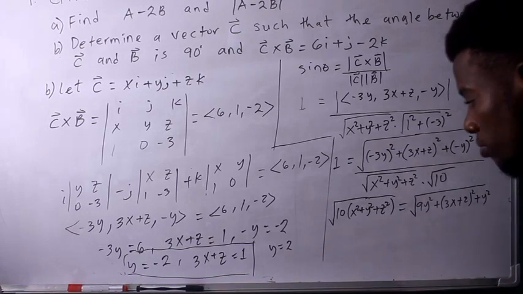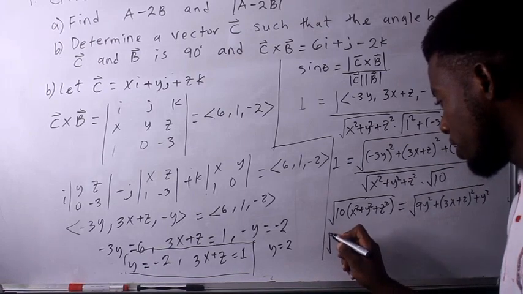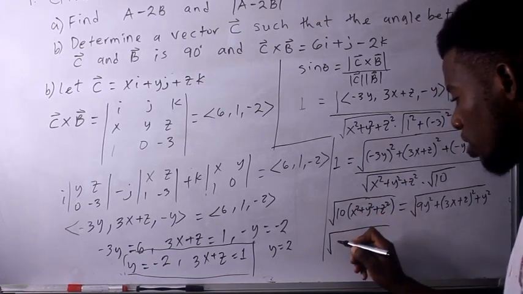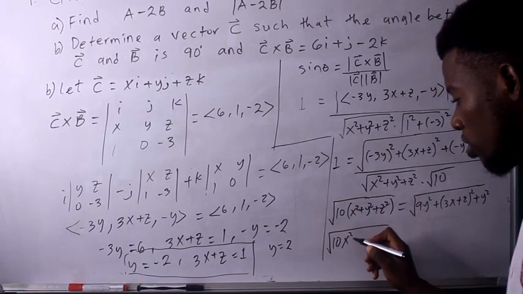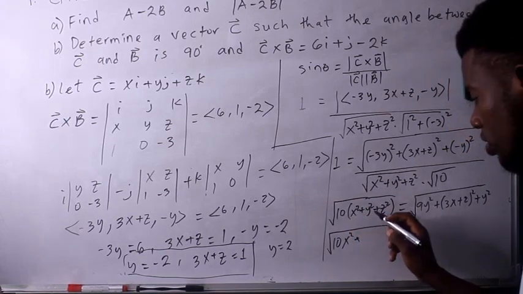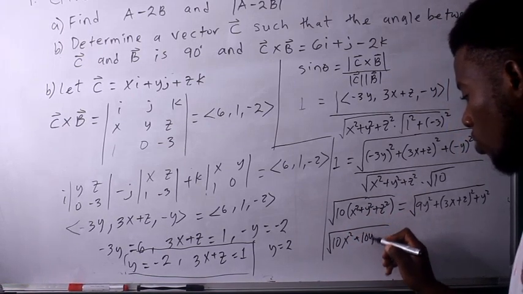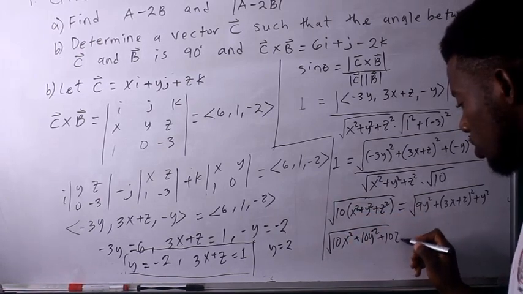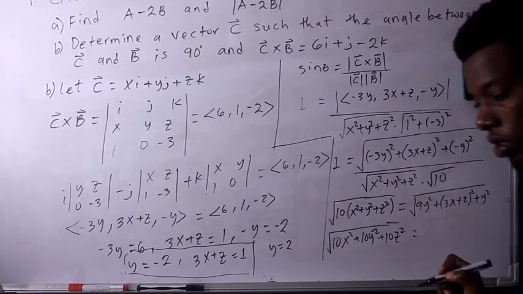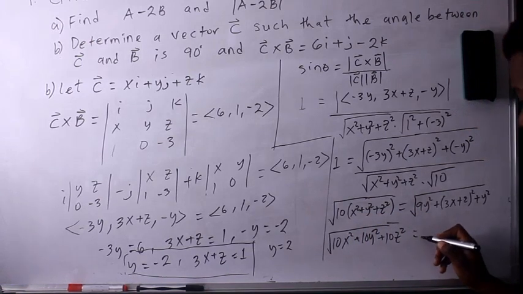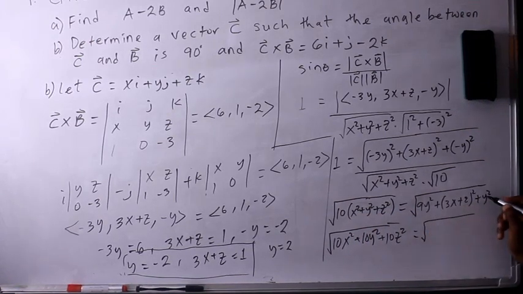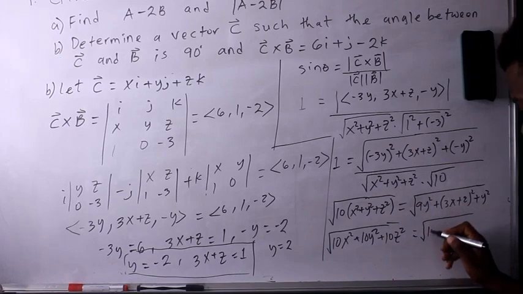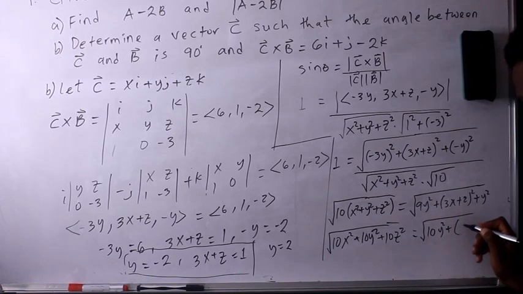We can simplify further by multiplying 10 by everything in here. So 10 times x squared is 10x squared plus 10 times y squared is 10y squared plus 10 times z squared is 10z squared equals the square root of 9y squared plus y squared is 10y squared plus 3x plus z all squared.